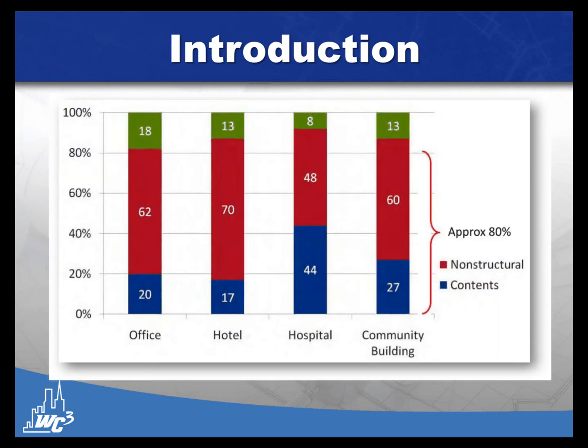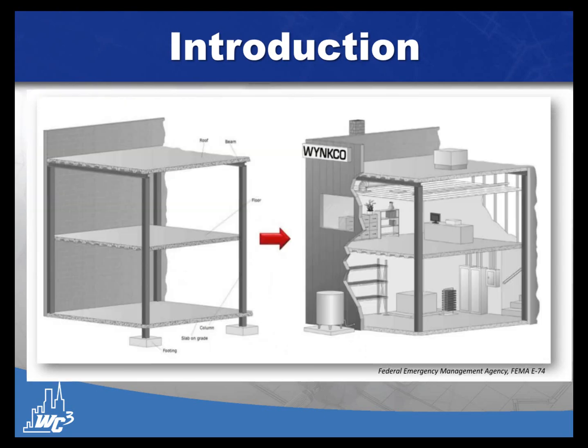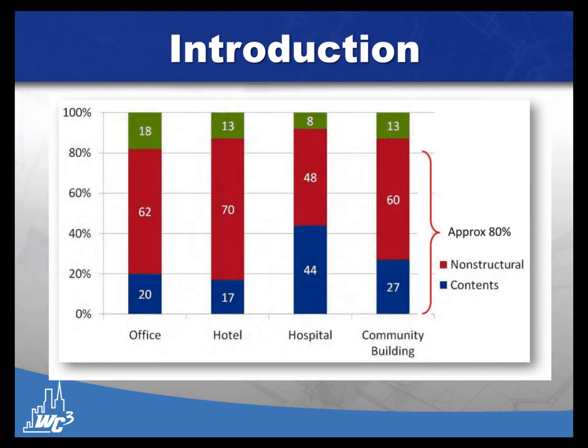Here's a nice little image that I've seen on several different documents that are out there. I think this one was actually taken from a FEMA document, and I wish I had the right one there. But there's been several studies, and you might have seen this before.